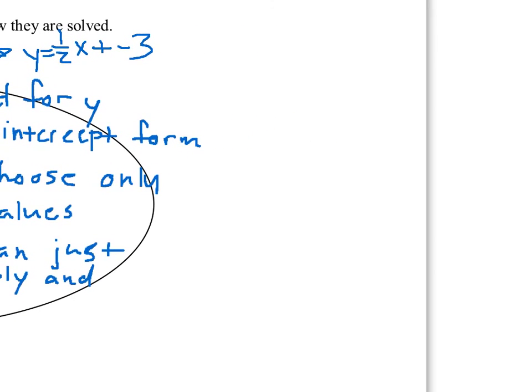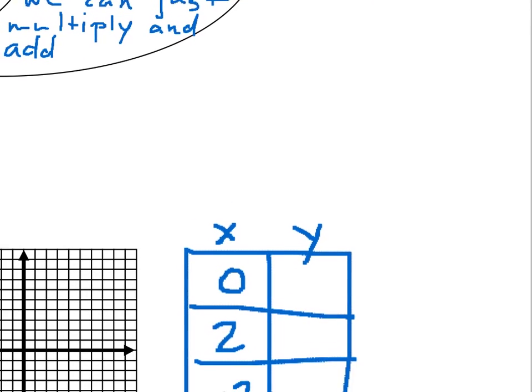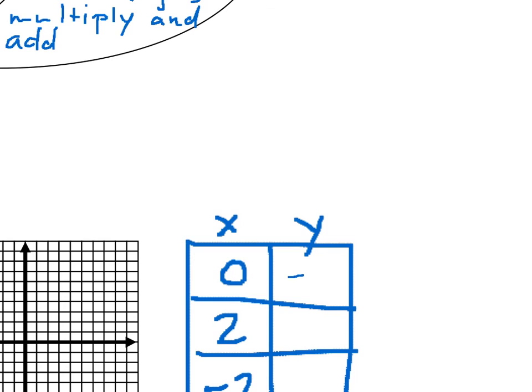Then I'm going to plug in x equals 0. When x equals 0, y equals 1/2 times 0 plus -3. That's y equals 0 plus -3, so y equals -3. Come down and put that in the chart. We chose x equal to 2.